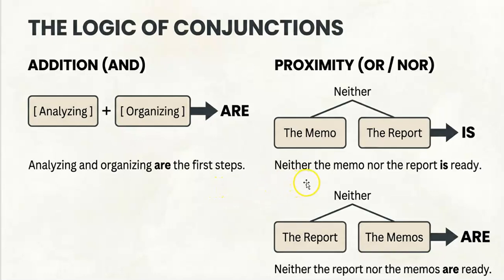The verb just copies whichever subject it's sitting closest to. And so if the closest word is report, you would use the word is. If the closest word is memos, you would use are. So here again, notice that report is singular, so we use is. Memos is plural, so we use the word are.